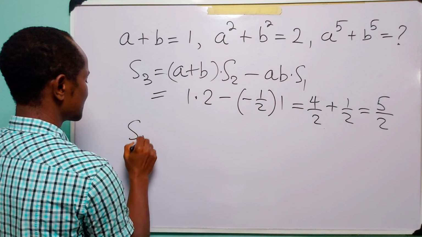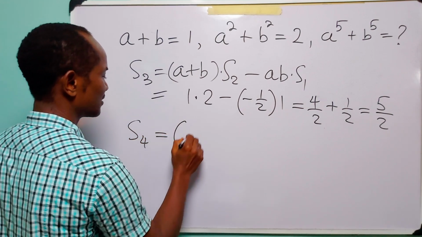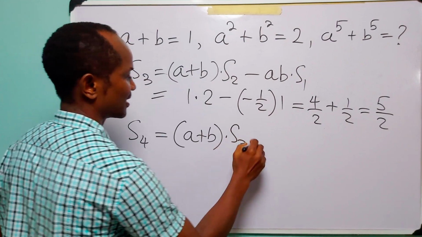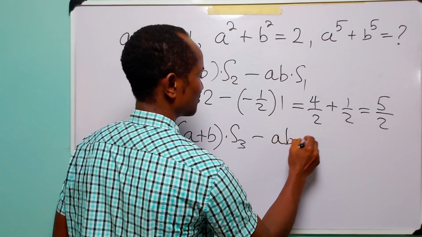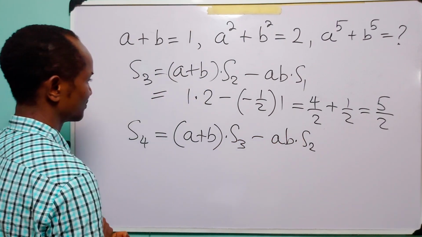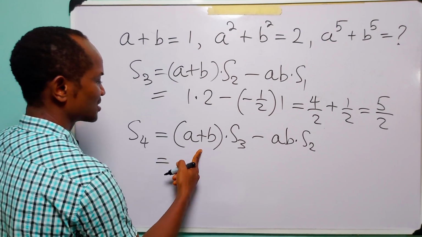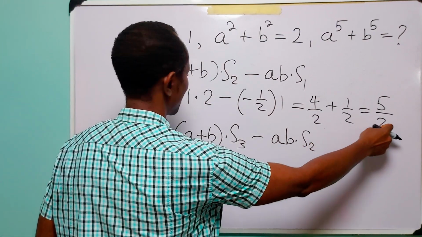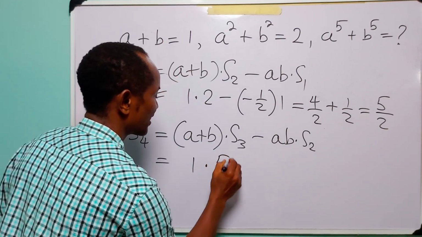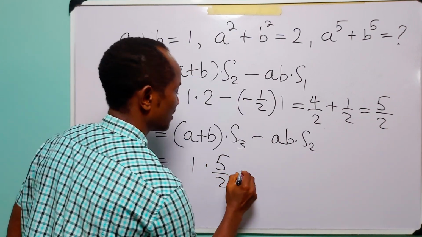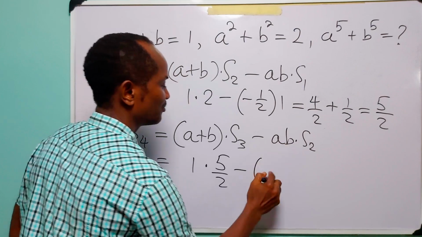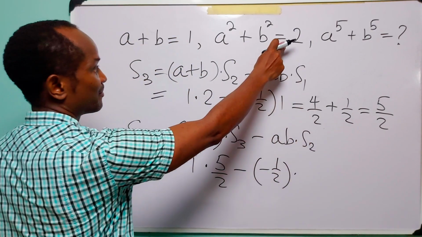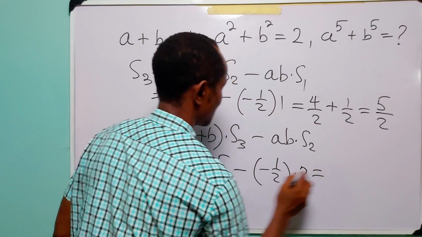Now to calculate S4, it's going to be equal to (a plus b) multiplied by S3 minus ab multiplied by S2. This is equal to, once more, a plus b is 1. S3 we have calculated to be 5 over 2, minus ab is minus half, and S2, remember, is equal to 2.